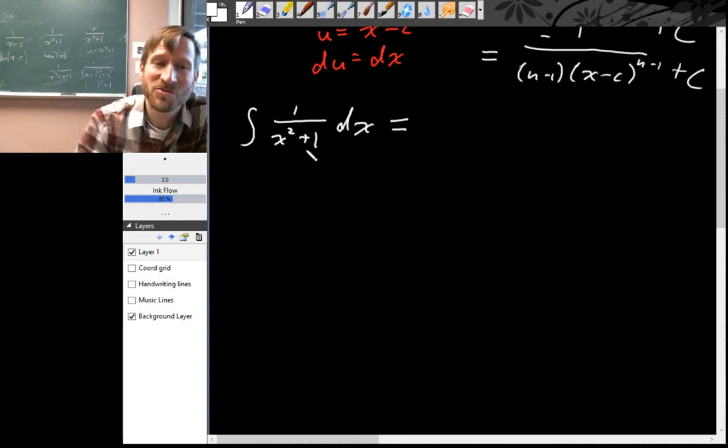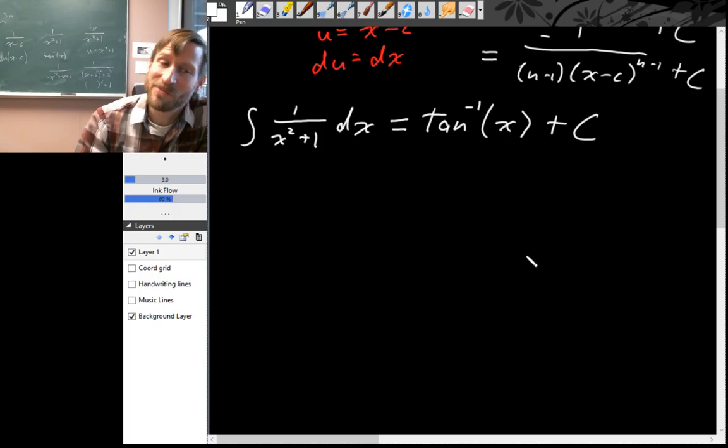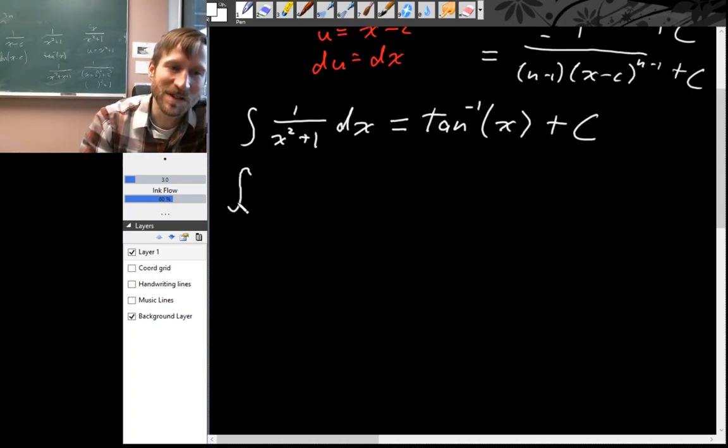This is actually the derivative of a function that we've seen, arctangent. So the antiderivative of 1 over x squared plus 1 is just inverse tangent of x plus a constant. Okay, well that seems very lucky. It seems like usually we wouldn't be so lucky to have our irreducible quadratic be a derivative that we know.